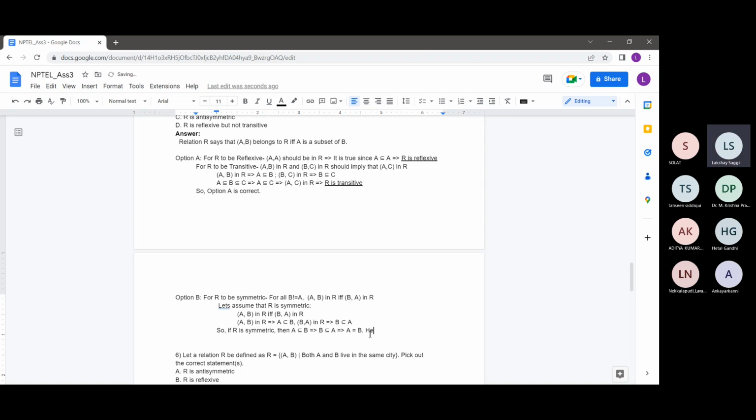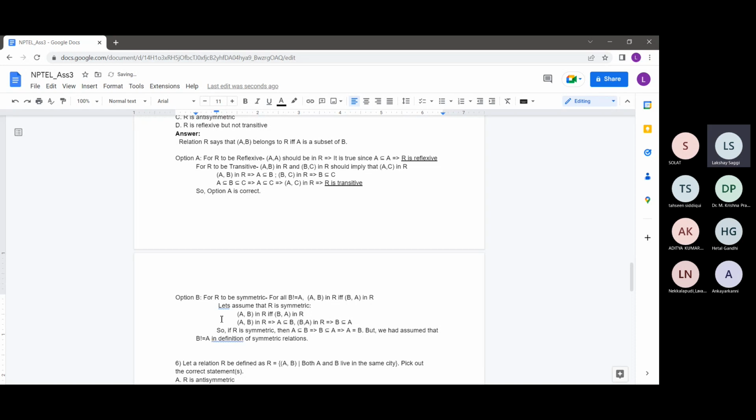So what does this mean? A equals B. But originally we had assumed that B is not equal to A, right? We had assumed that B is not equal to A in the definition of symmetric relations.